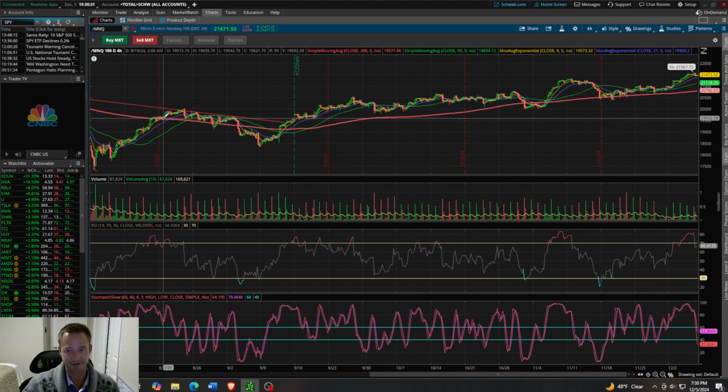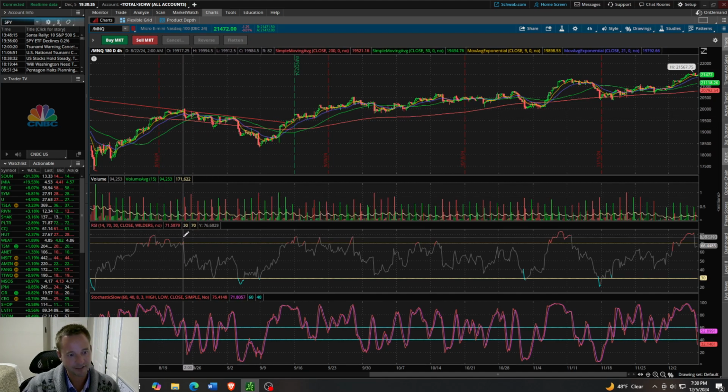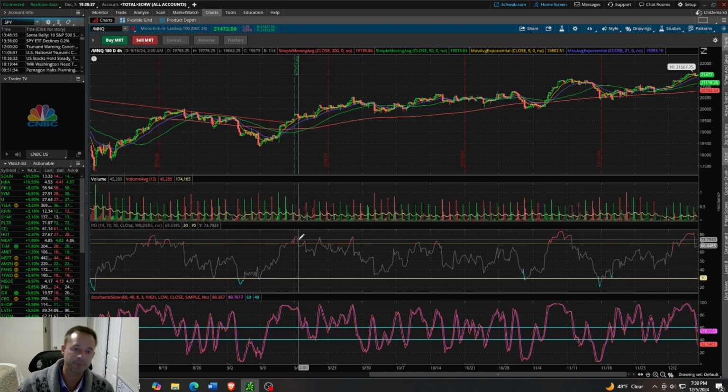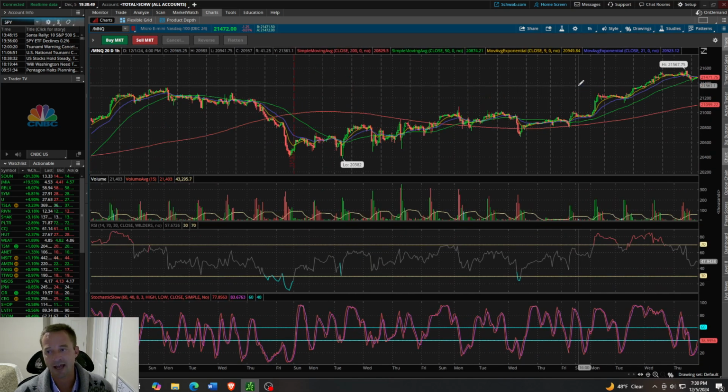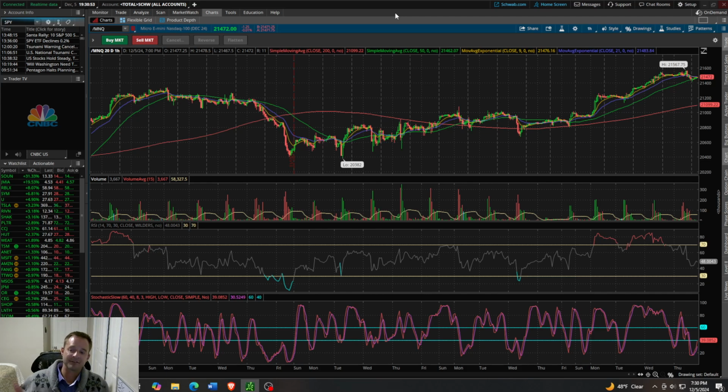Although it did kind of recover a little bit and go up, but just the probability of another move higher in the very short term is less, and that's what is important, is probabilities. So then we can go to the hour chart, and kind of same thing. You kind of break it down, same thing as the hour.